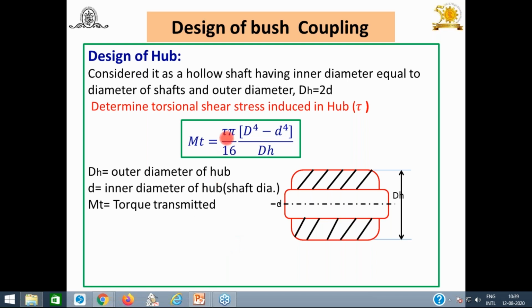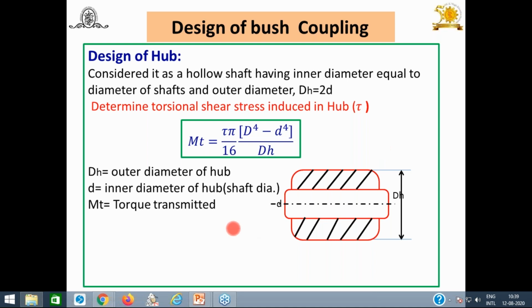So you can put this tau permissible value from the material property, or you can check the induced torsional shear stress by using this expression and compare it with the tau permissible found by using FOS. The calculated value should be less than the permissible. Like a rigid flange coupling, you have to do this activity, nothing more than that.